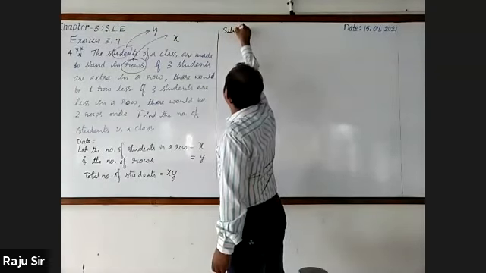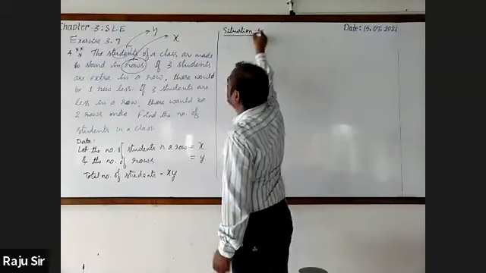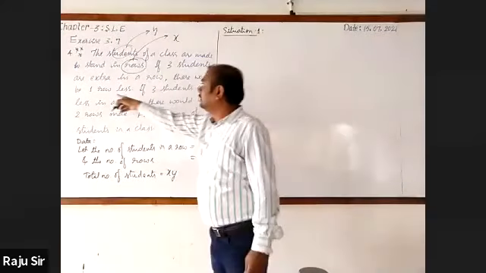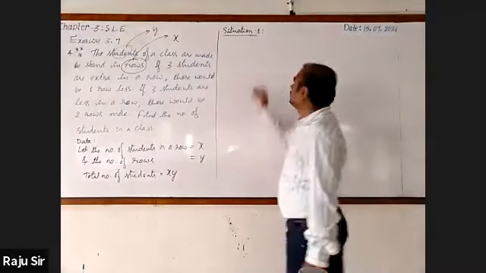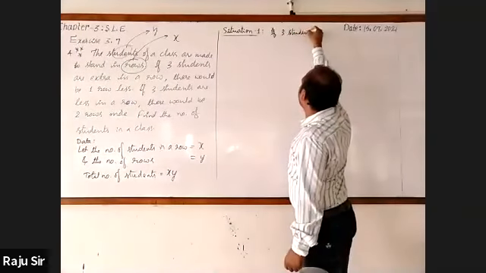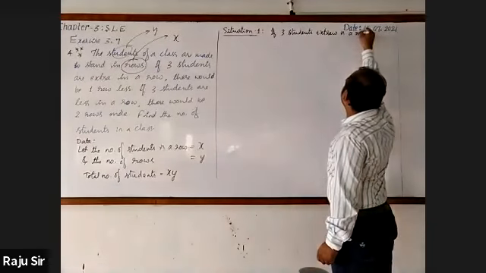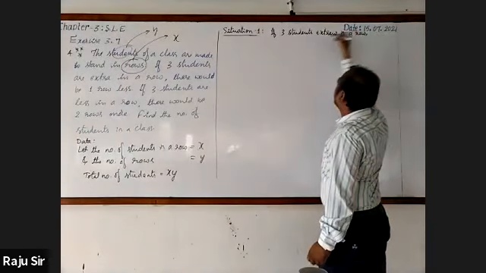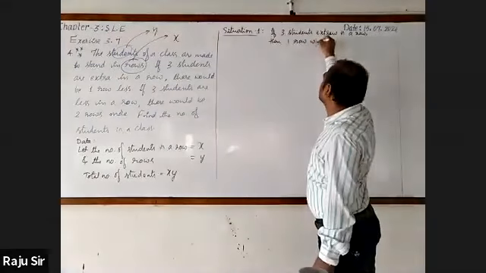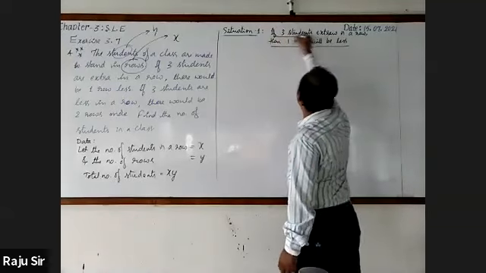Situation 1. In this, if 3 students are extra in a row, 1 row will be less.